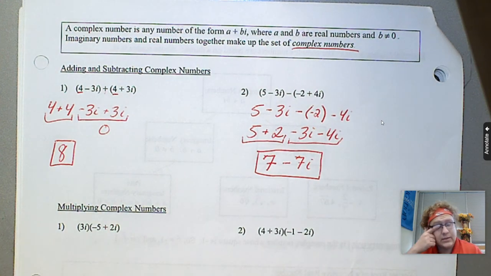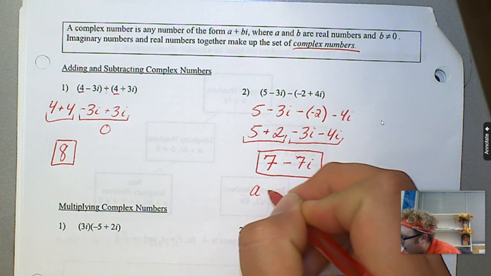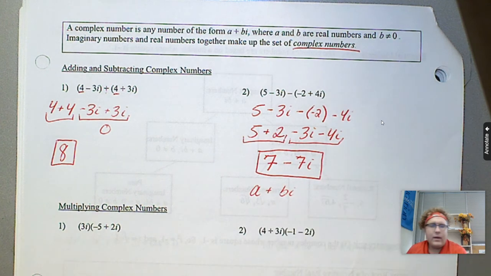So as you can see, it's really just like combining like terms like you would with x, x squared, something like that. The one thing that I want to make sure that we are always careful of here is that we're writing our answer in the form of a plus bi. And that's just standard form for a complex number.